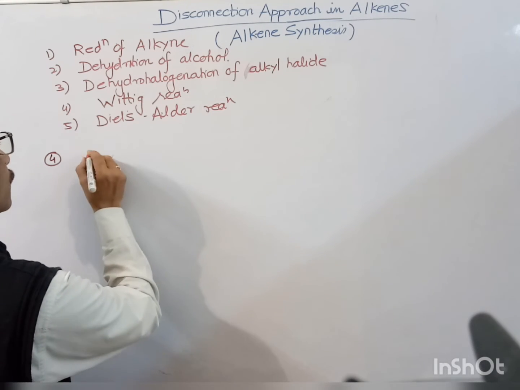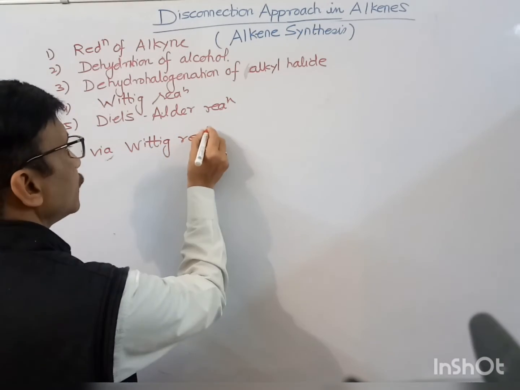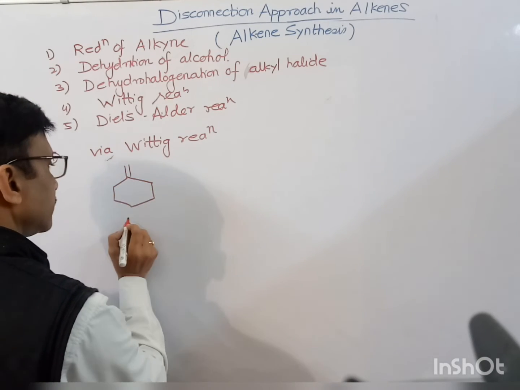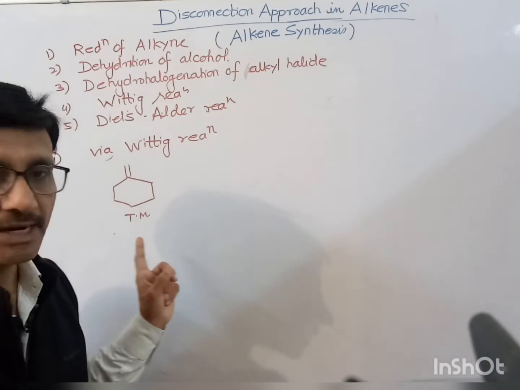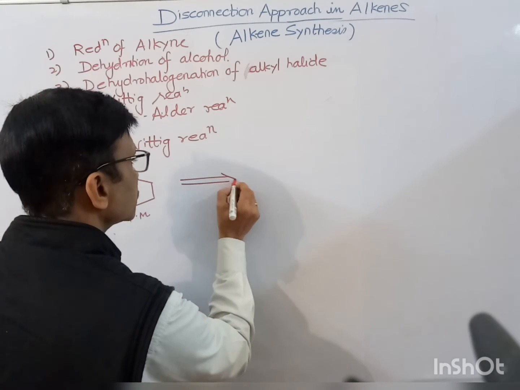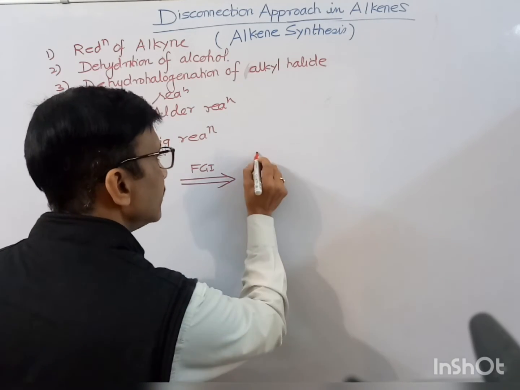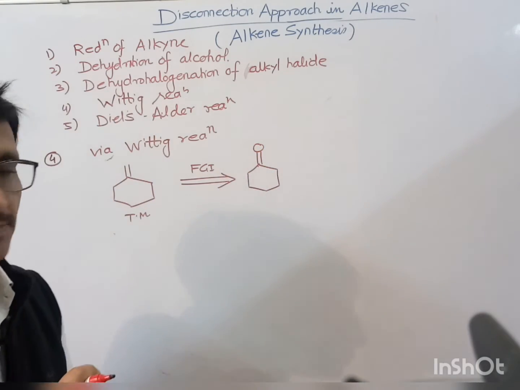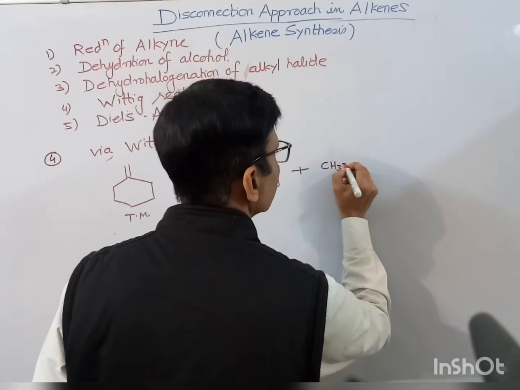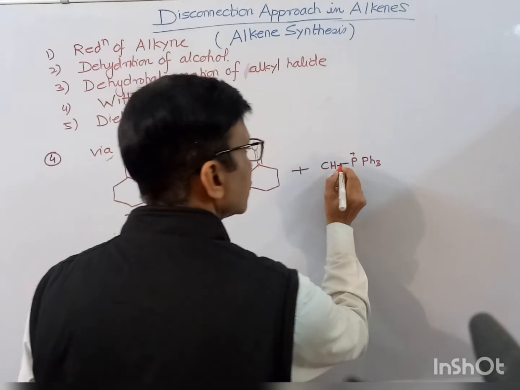Suppose we have this alkene, and we have to generate the target molecule for this alkene. Then via FGI, we can convert it into one of the carbonyl compounds which is readily available, this one, and then triphenylphosphine.